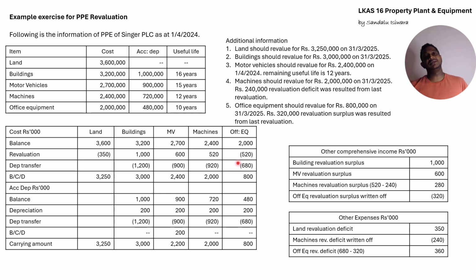So from this year's revaluation deficit, you have to write off the last time's revaluation surplus, which is in the revaluation surplus under comprehensive income. So from here you minus 320, and the remaining amount you should record in other expenses.